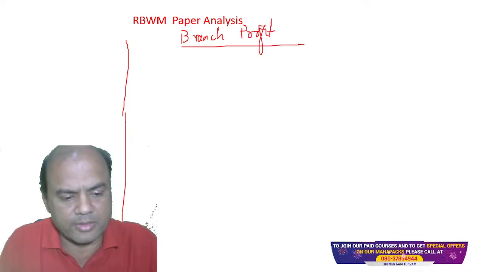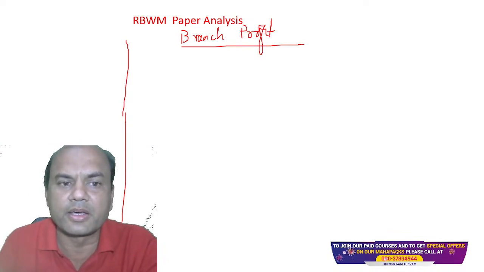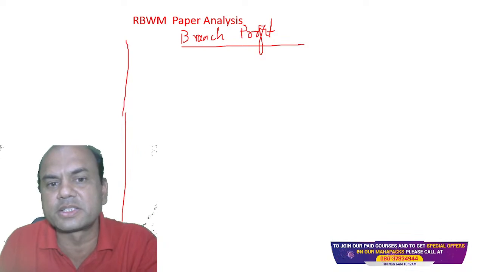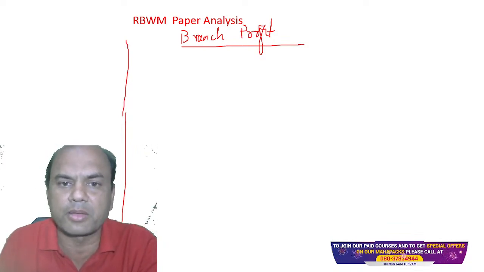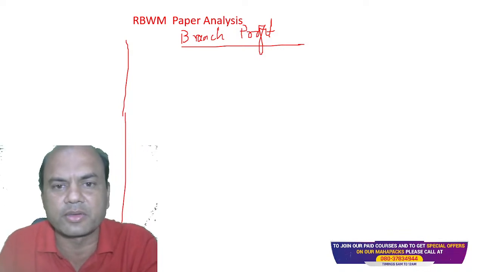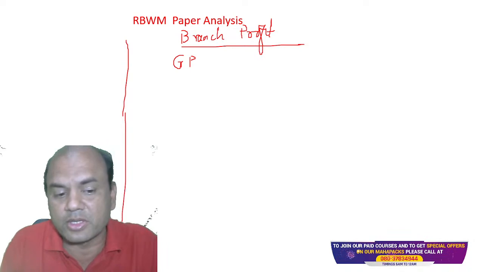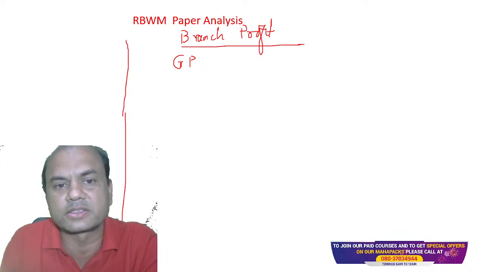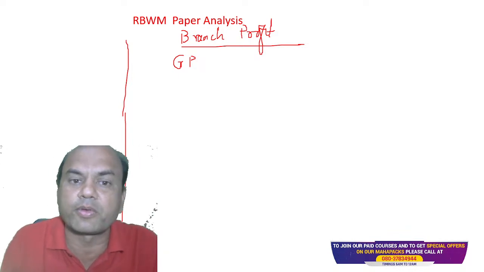Basically, remember, we have done this topic in our classes also. The main questions which are asked are on gross profit and operating profit. I'll write it over here. GP ratio they might ask, or gross profit. So gross profit means what?